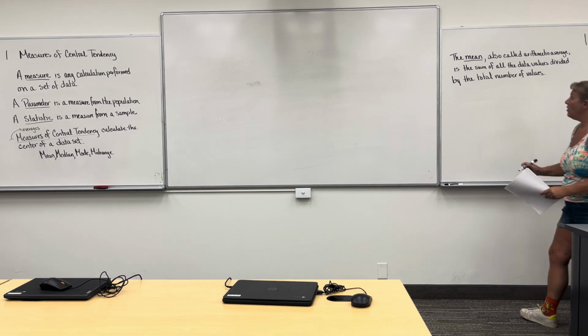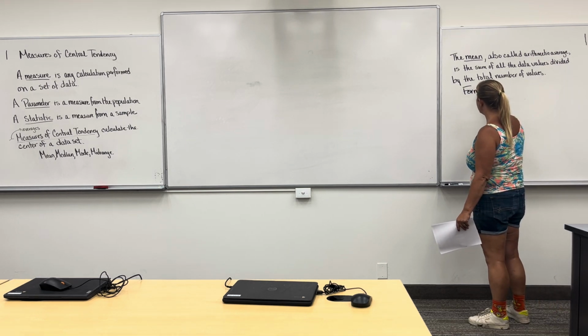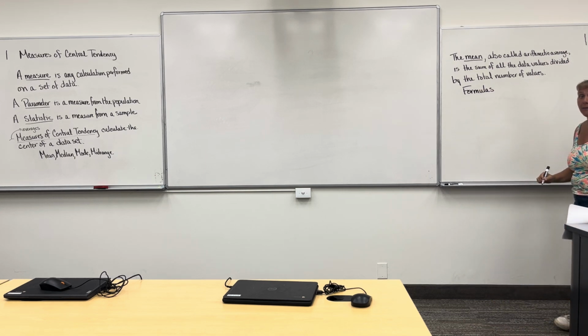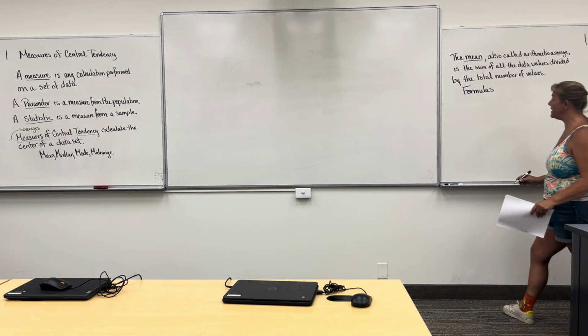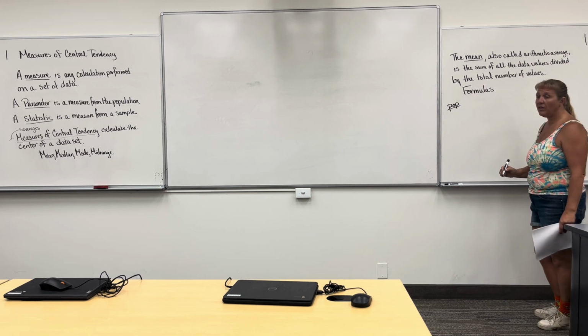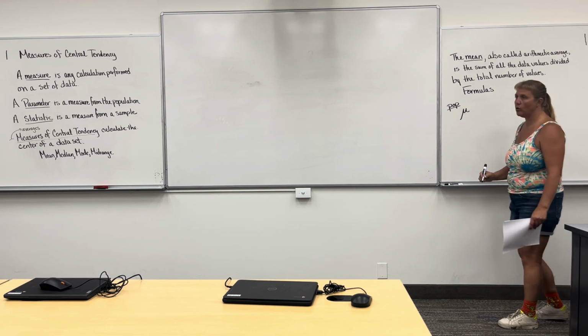Now, there are going to be formulas here for the mean, and I say formulas because there's going to be two of them. We're going to have one for the population and one for the sample. So if we are dealing with a population, the variable that we use for the population mean is mu.